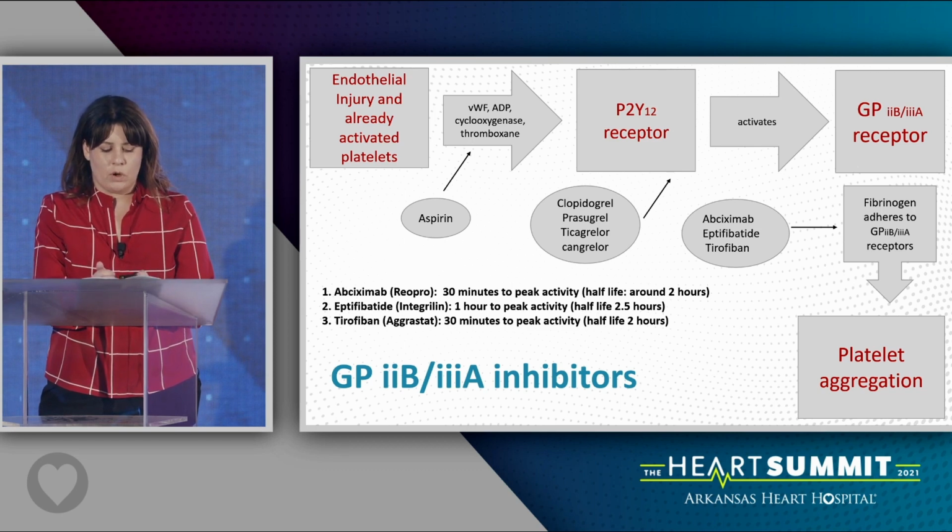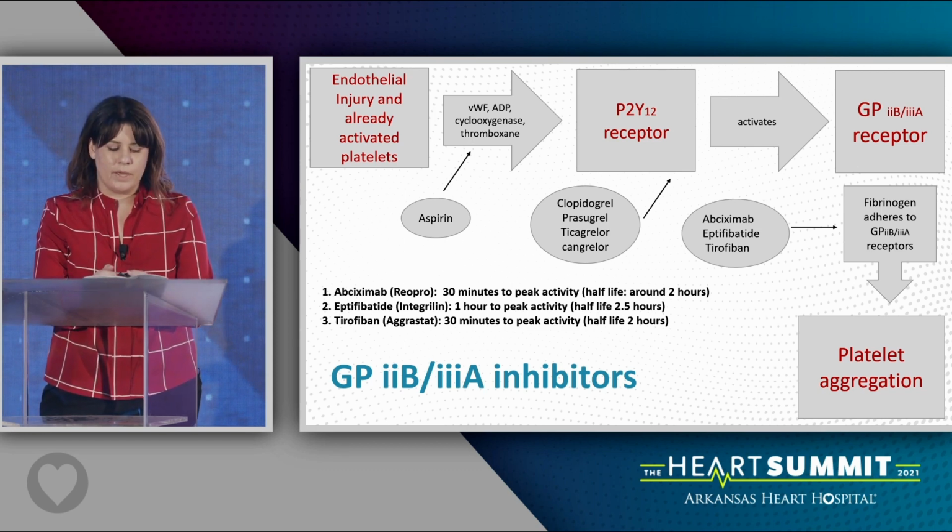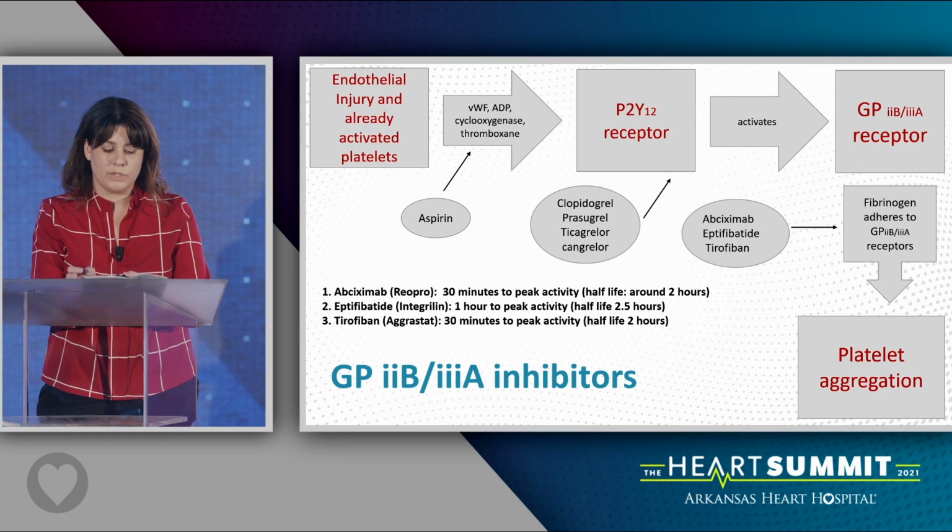These medications are potent antiplatelets. They are known to reduce the mortality in patients with significant thrombus burden. However, because they are so potent, they carry a higher risk of bleeding.